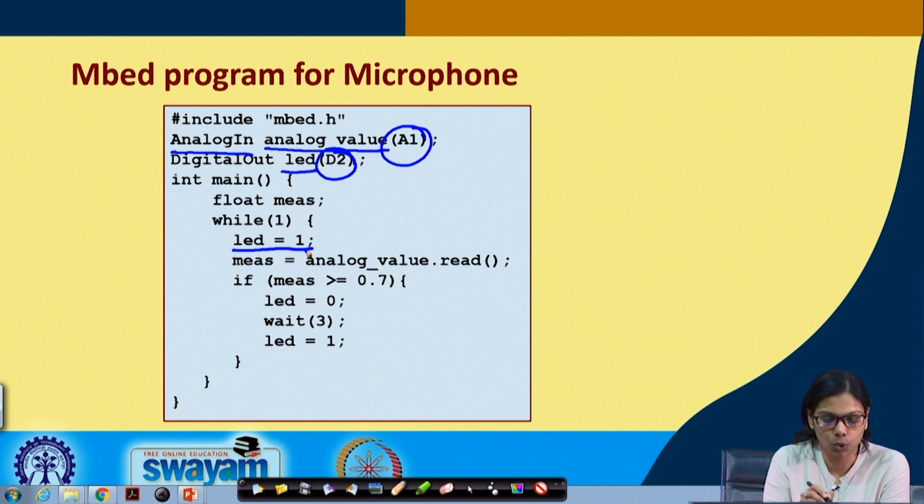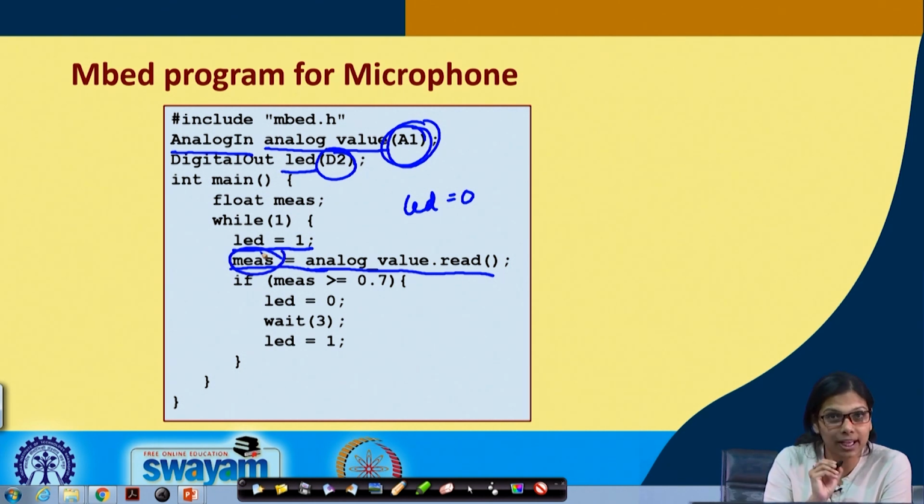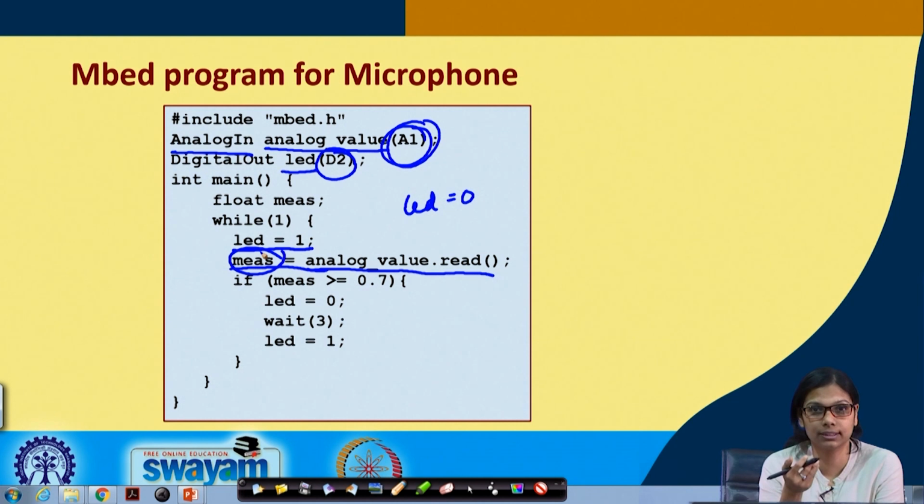The LED will glow when LED equals 0, but initially we are making the LED off, and then we read this analog value, analog_value.read from port A1, and store it in MES. This is again the calibration.